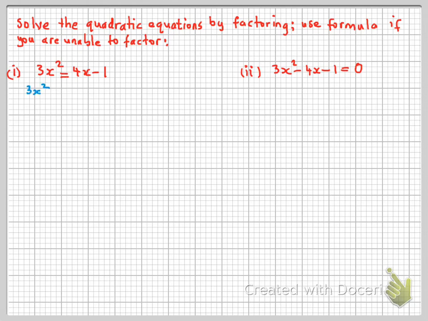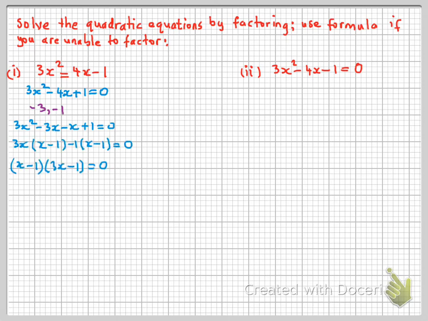Well, for the first one, here's what I did. If you rewrite that quadratic equation, you will have 3x squared minus 4x plus 1 equals 0. That looks like the standard form. Now, to factor this, we are looking for two numbers that will add up to negative 4 and that will multiply to 3. If you think about it, your numbers are negative 3 and negative 1. We can then rewrite our equation and factor as shown.